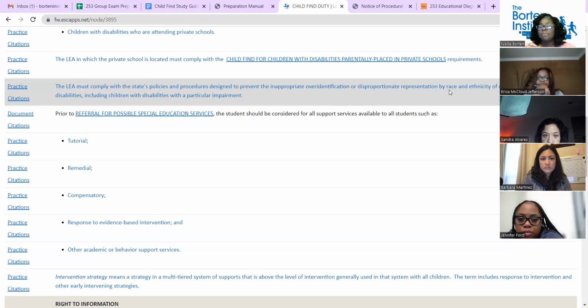You look at your TAPR reports. You can look at the TAPR report for your campus, for your district, and see what percentage of white children, Hispanic children, African-American children, Asian children are identified in special education or not. Is there an overrepresentation or an underrepresentation?